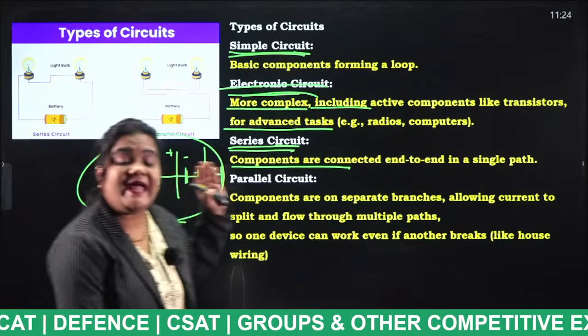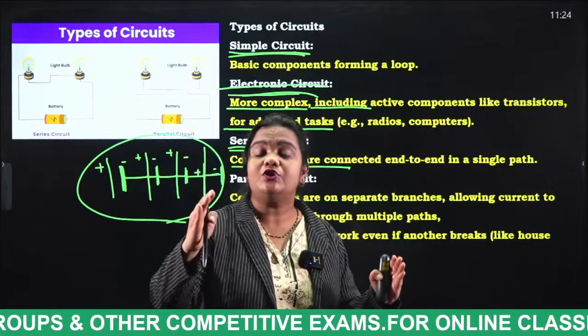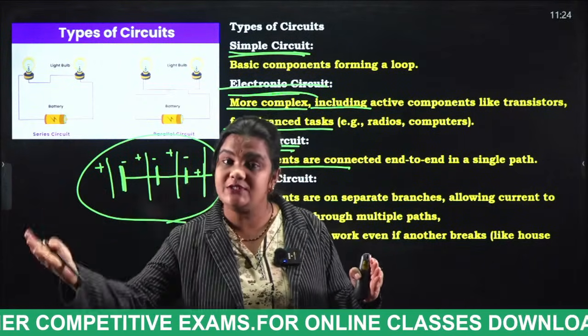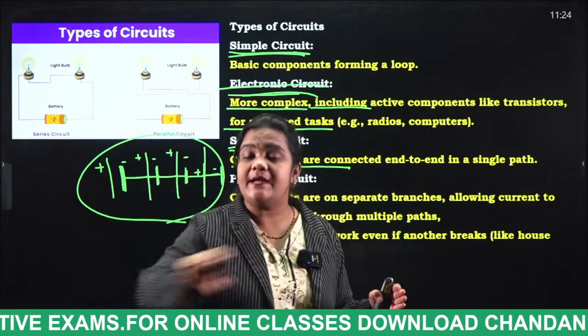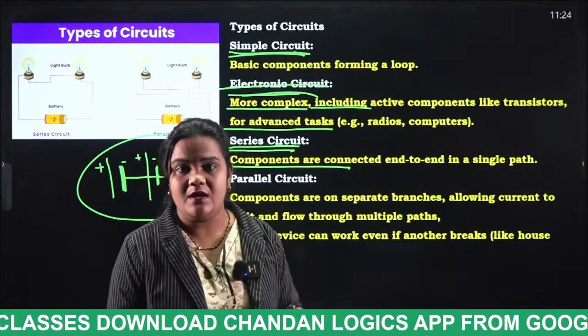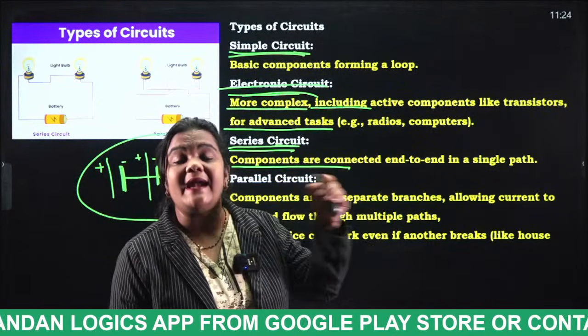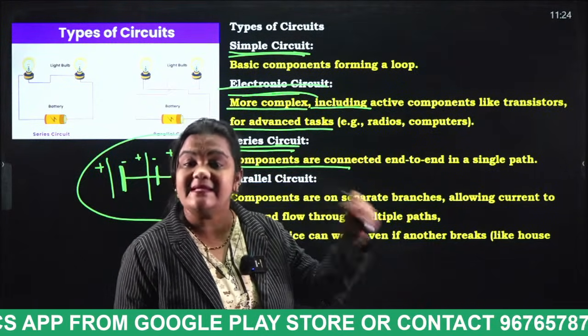If a negative charge is connected to the positive charge and that positive charge is connected to a negative charge again, and this continues, that particular thing is called a battery. We all know very well. If the thing is happening in a sequence, that connection is known as what, students? Series connection.